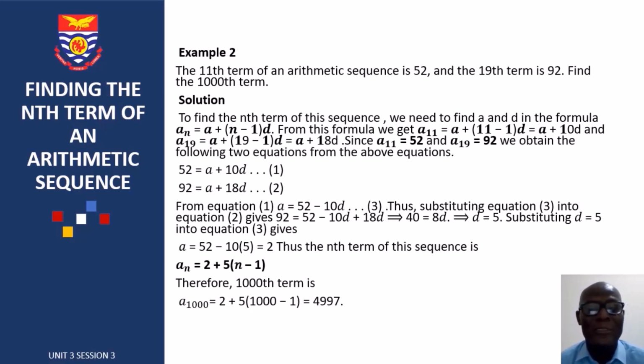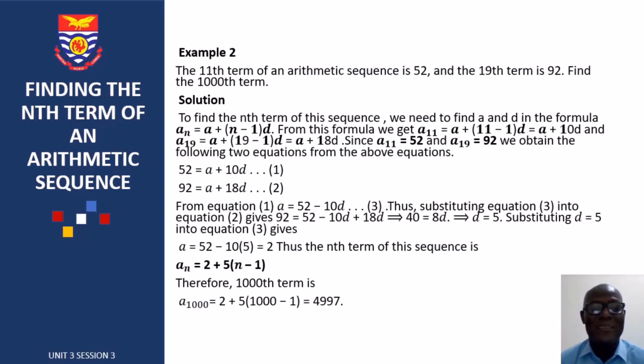And hence, the general formula or the nth term is given as A subscript n is equal to 2 plus 5 (n minus 1). So to find the 100th or the 1000th term, wherever there is n, we put 1000.